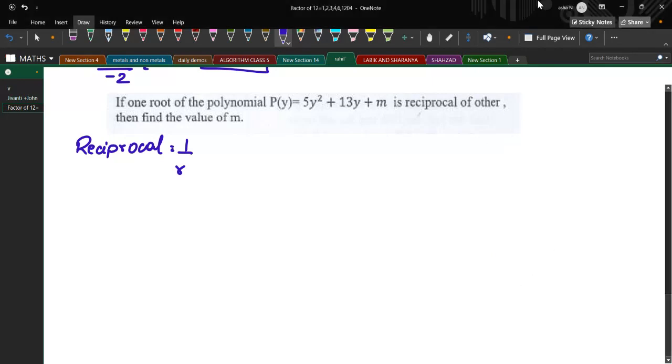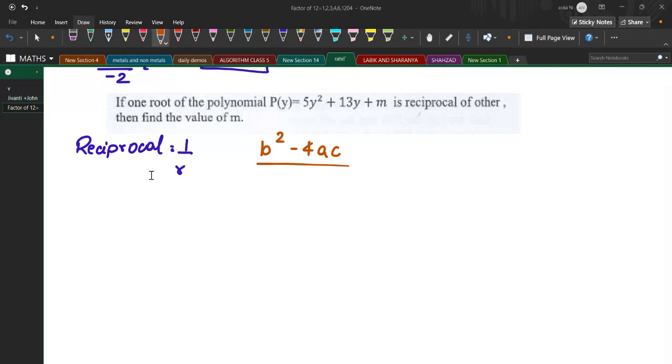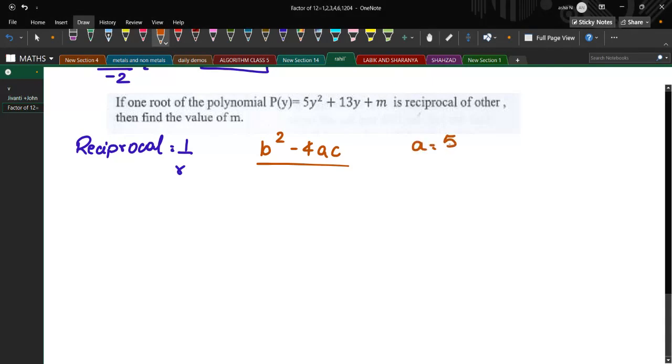Correct. b square minus 4ac upon. First, we have to do the product of the roots. a is 5 and c is m.